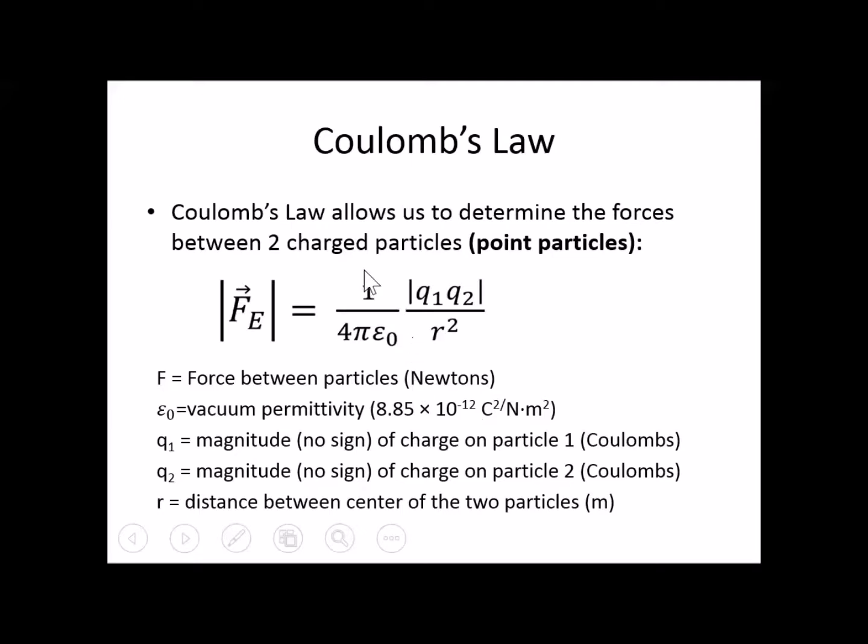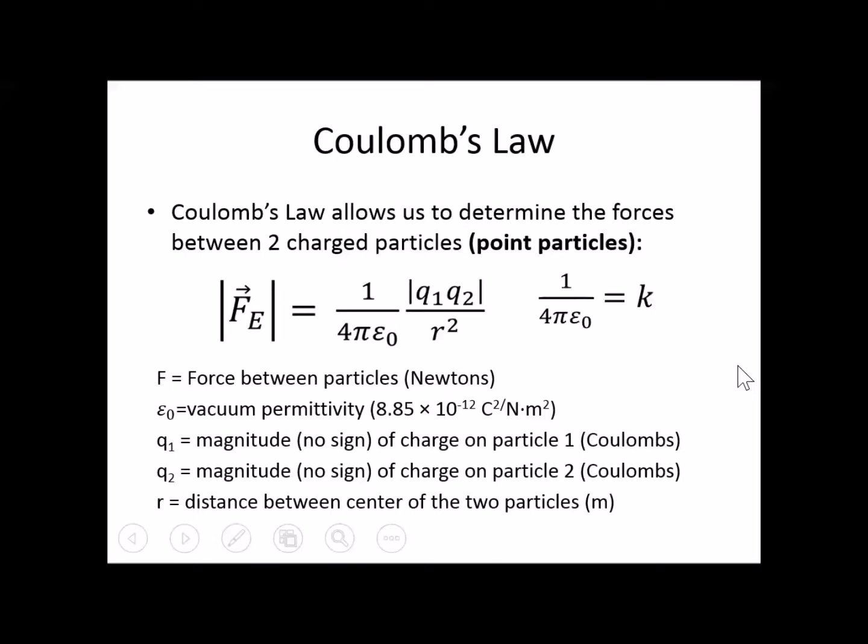You just need to know that this is a constant. This is multiplied by the magnitude of charge 1 times charge 2. So if you have two charges, you multiply them together, you get the magnitude, and that goes into the equation. And that is divided by r squared. R is the distance between the center of the two particles that we're looking at the force between.